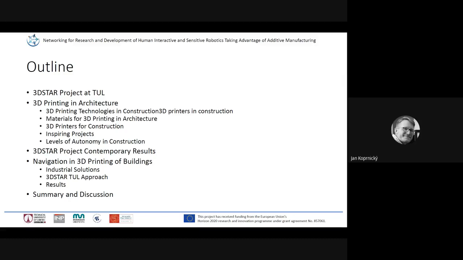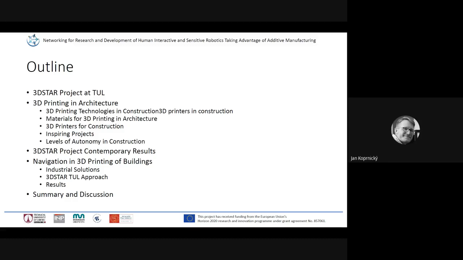Then I would like to go to the topic quite general, 3D printing in architecture, which has subsections, let's say 3D printing technologies in construction, 3D printers. Then materials for 3D printing in architecture, 3D printers for construction, and then briefly about inspiring projects for our purposes.